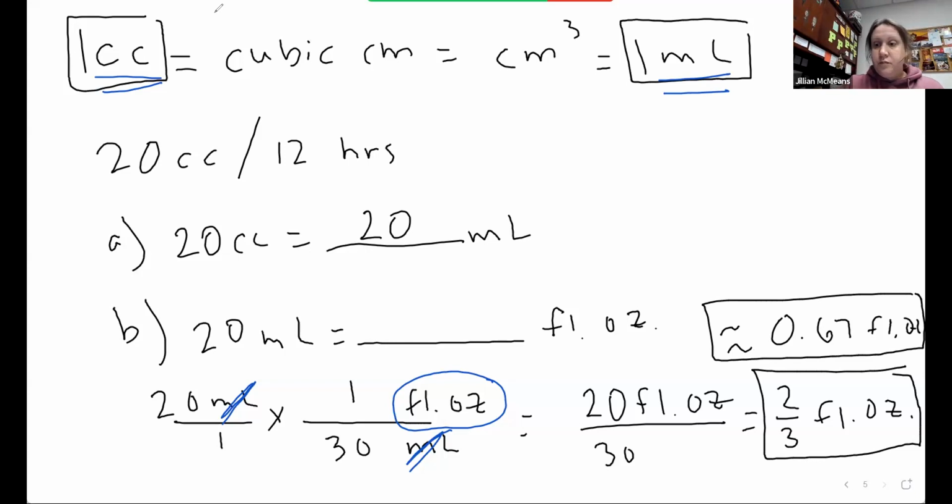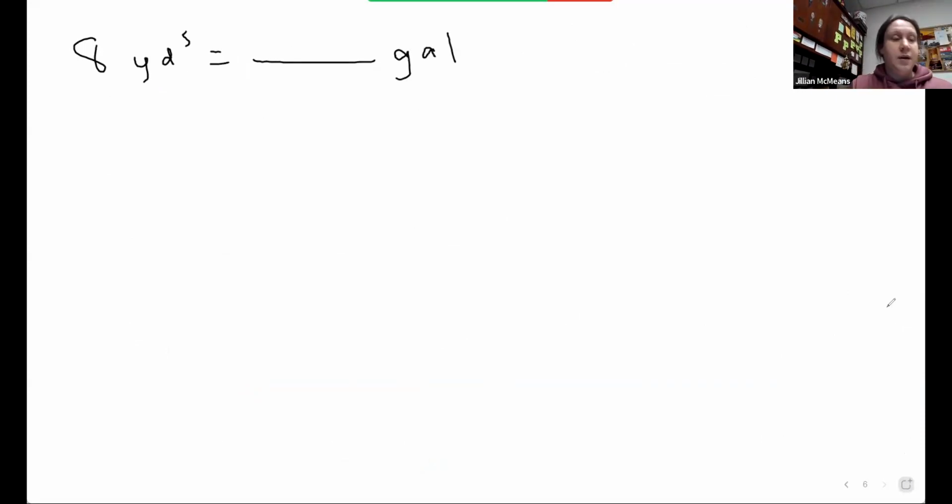Okay, so in this section, there are going to be some of those problems again where you select the best estimate for the measure of something. We'll skip those for this video. And now let's look at some more examples. So let's say we have 8 cubic yards, and we want to convert this to gallons. Okay, so we need to go to the conversion sheet.